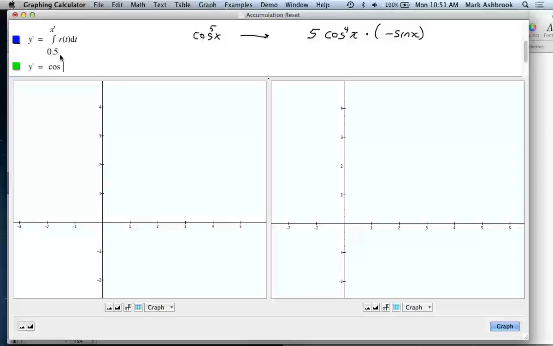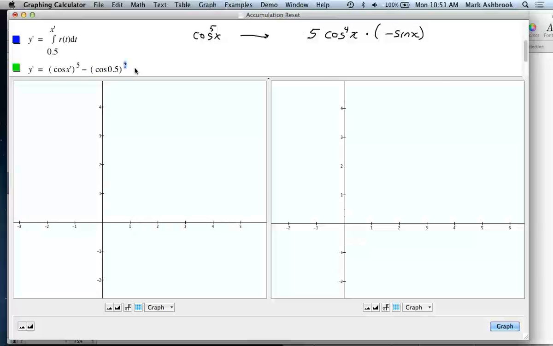Cosine of the fifth of x minus cosine of the fifth of 0.5. So cosine of x to the fifth minus... Did you say 0.5 to the fifth?